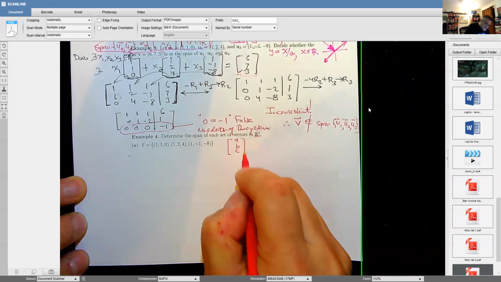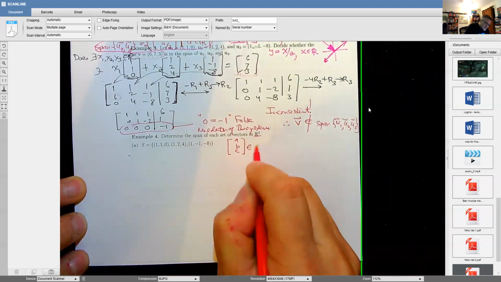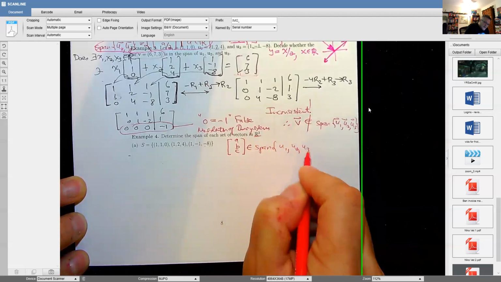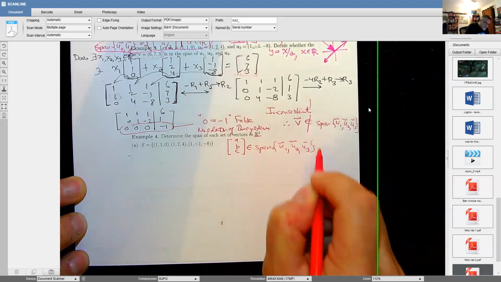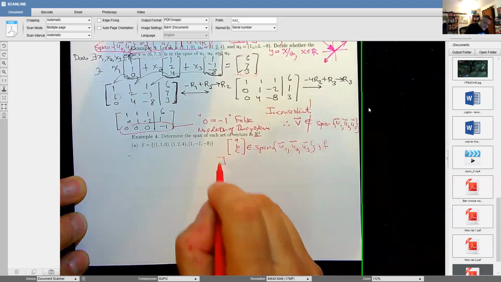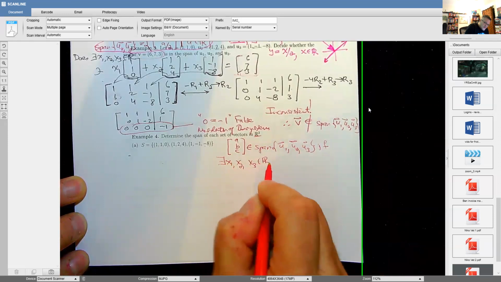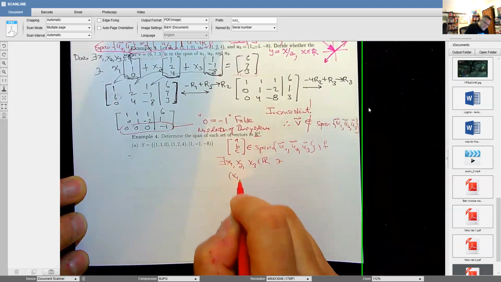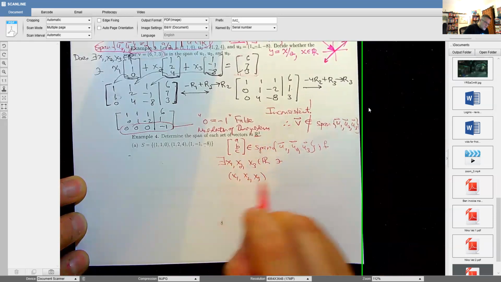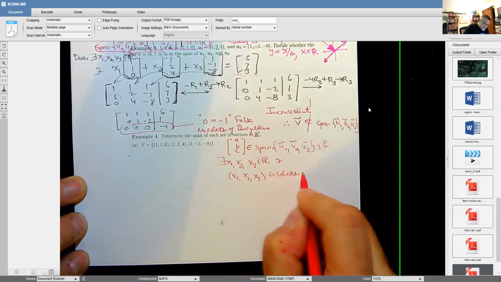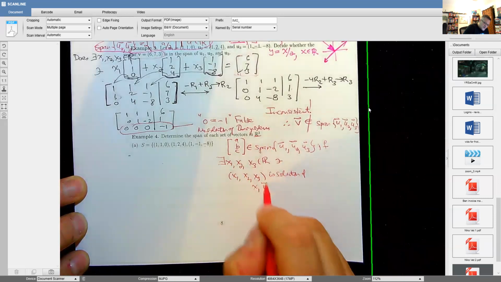So a vector ABC is in the span of three vectors if there exist three scalars such that that ordered triple is a solution of this vector equation, right?